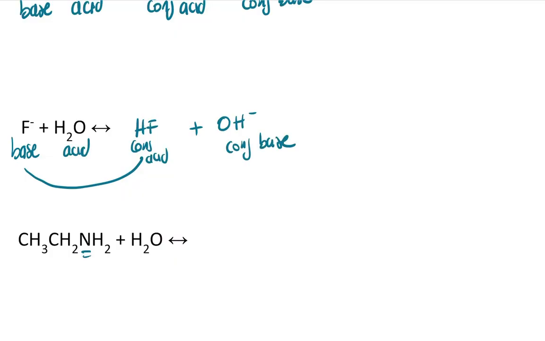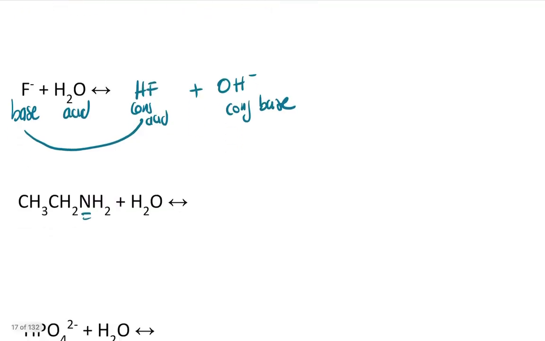Same over here. Every time that you see nitrogen, remember, if I were to write this and observe it, I would see lone pairs of electrons in that nitrogen. Therefore, the nitrogen can accept a proton and forms CH3CH2NH3 plus. And I have OH minus being formed. If you struggle to see this, I would suggest to write the Lewis dot structure.